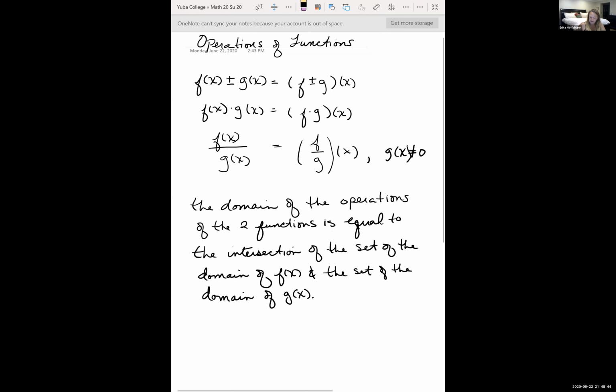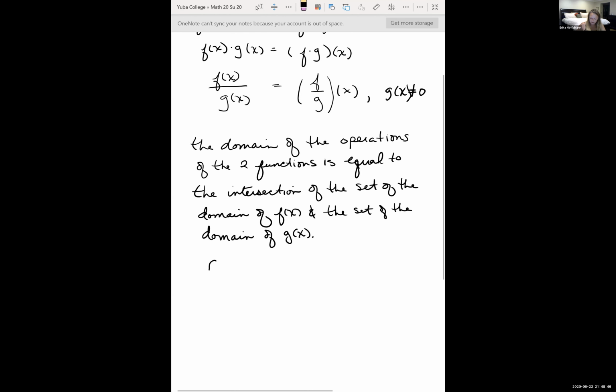We talked about intersection being the upside down U. When you're looking at two sets, the intersection is what they both share in common, so the elements that both sets share in common.